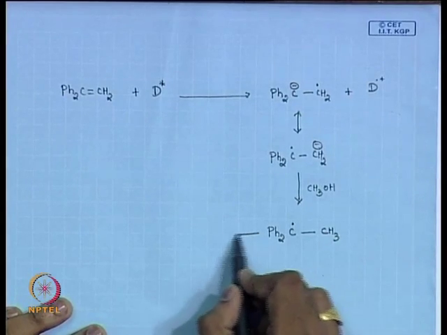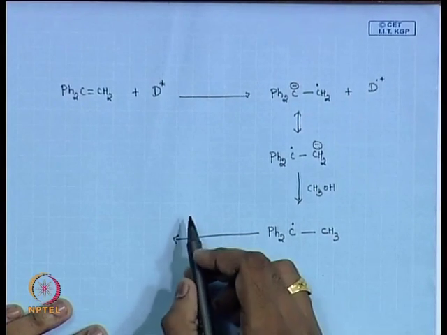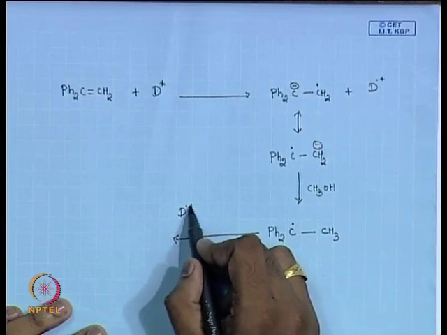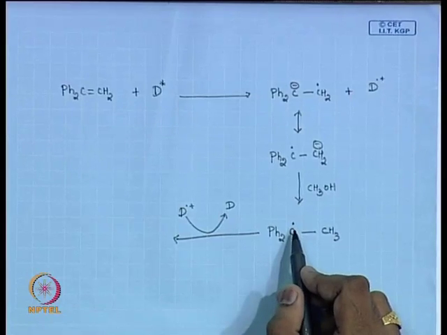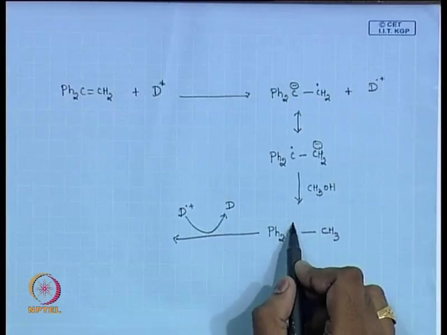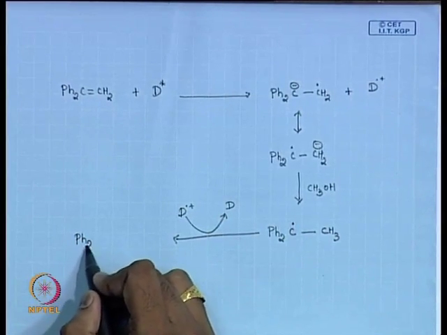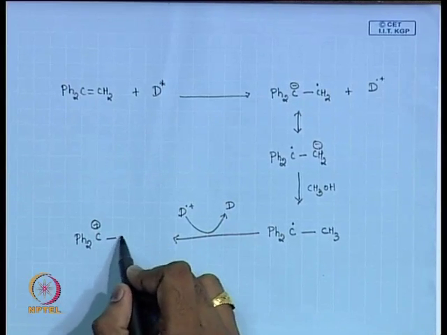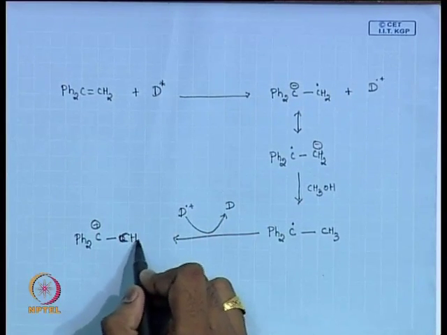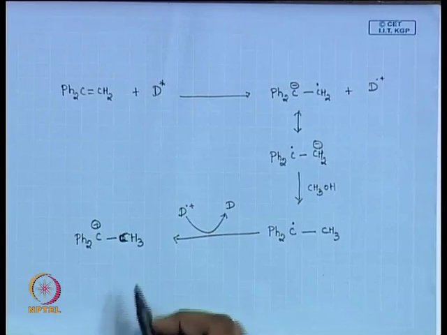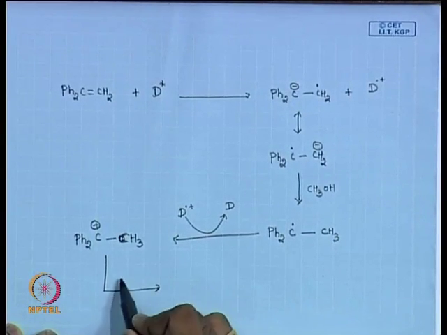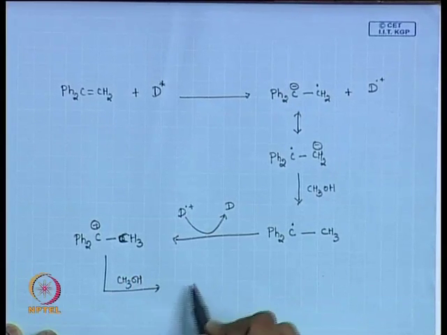So now again your donor comes and gets this electron back, radical, sorry, to Ph2C plus CH3. Now then it can react with your methanol, giving you the product.